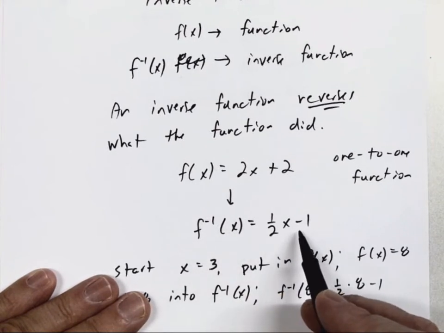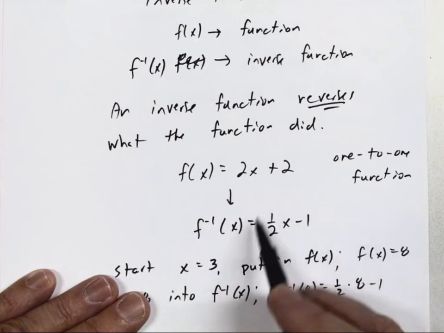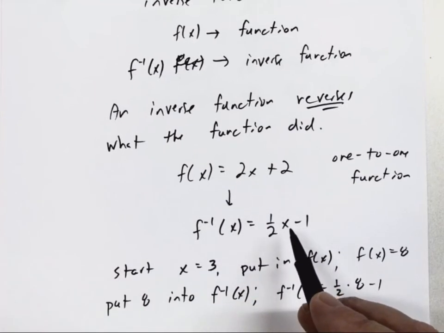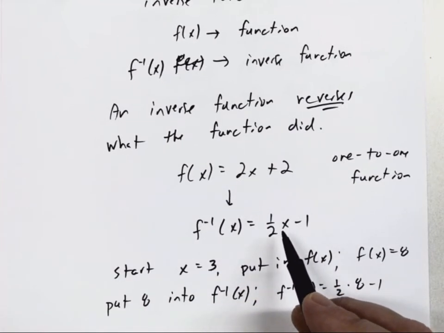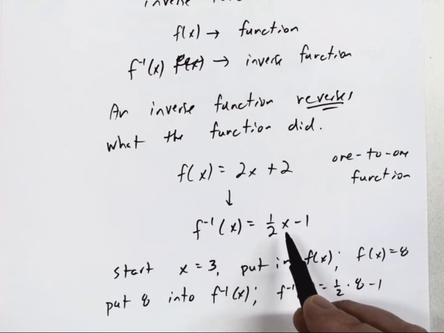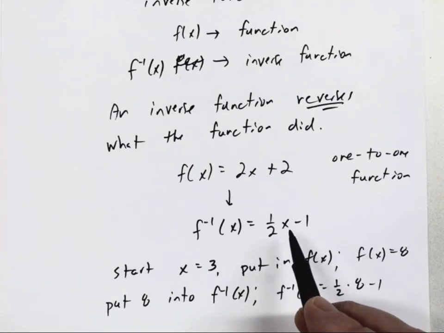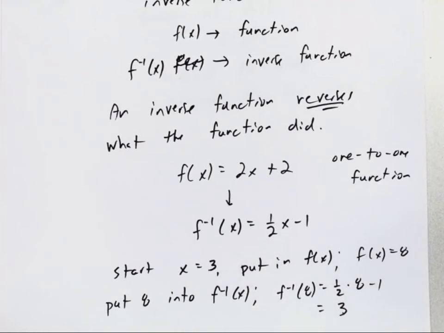Here I just gave it to you, but we need to know how to actually determine this inverse function. And that's actually going to be in a video I've already created, so I'm not going to go over that again now. I will just have you look at the next video and we'll go through the steps to determine the inverse function. All right, that's it for now.